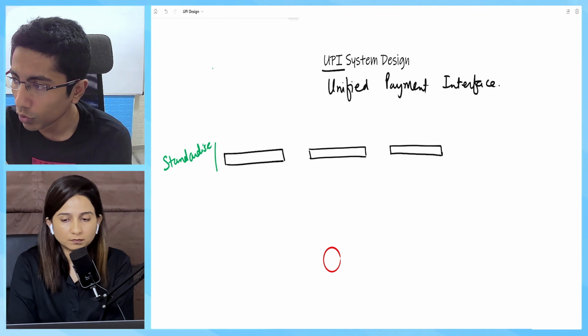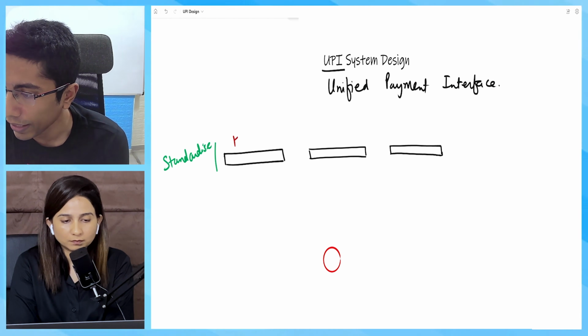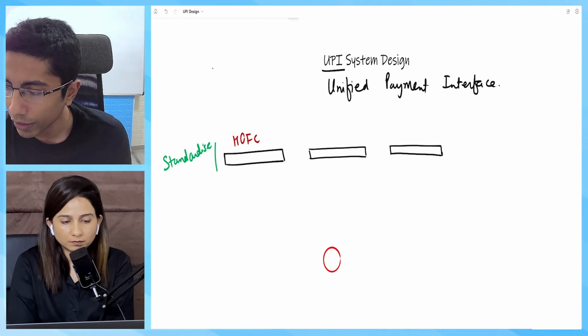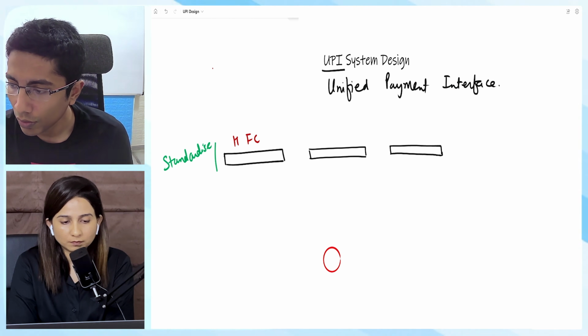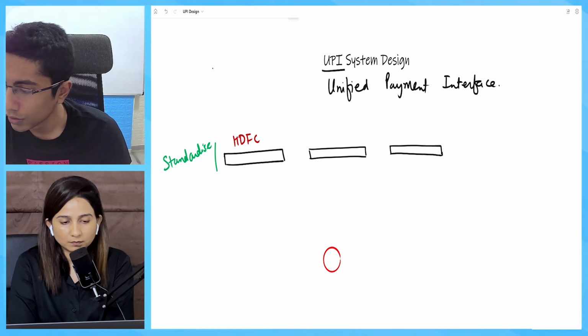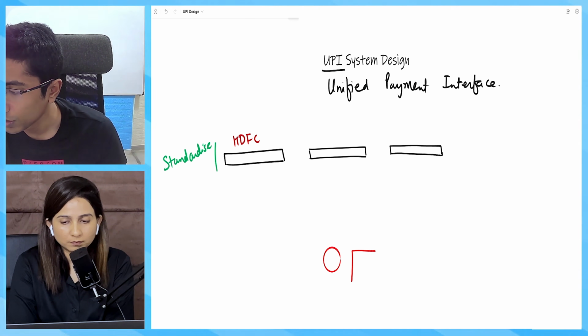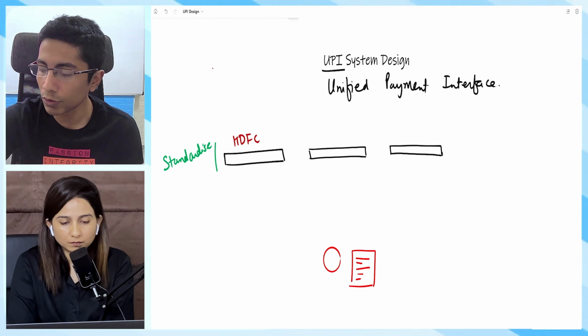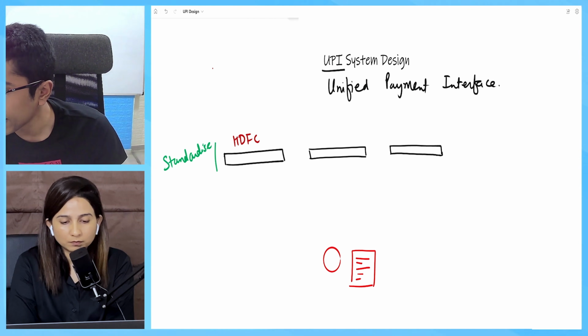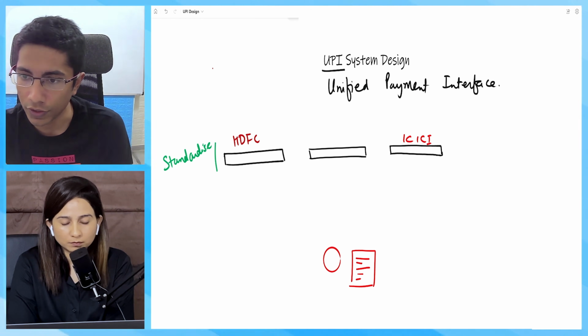Let's take an example. Let's say HDFC Bank has a particular way in which it accepts payments. You need the details of the user, and you need to somehow prove that this user actually wants to make this payment. And ICICI Bank has a different payment interface.